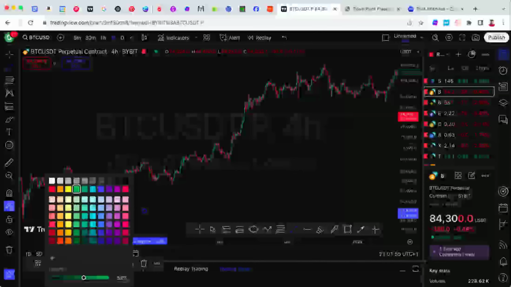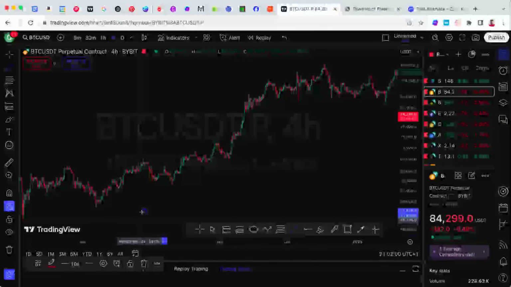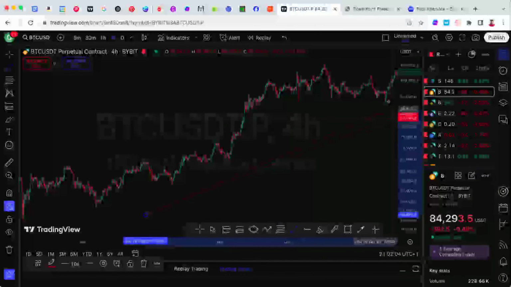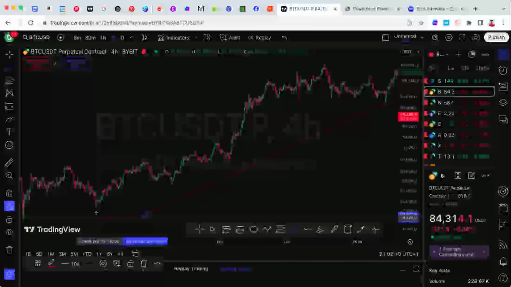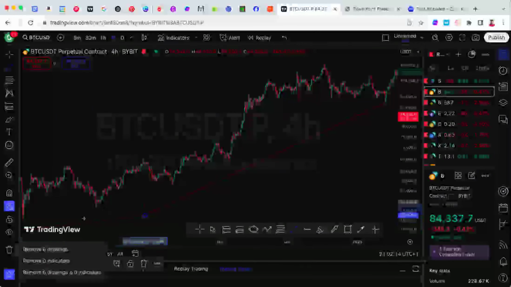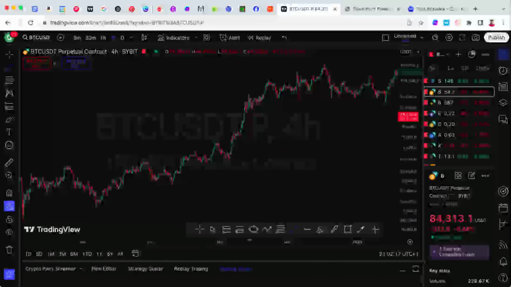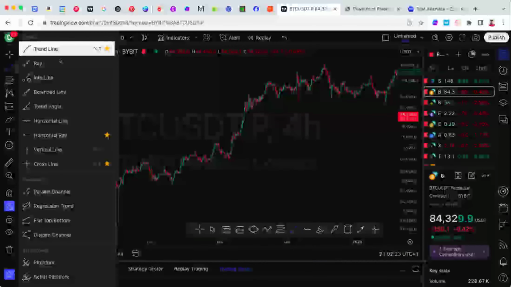Which color do we use here? So from here to here, $6. Okay. Now to draw our trend line, I picked the trend line here, right?